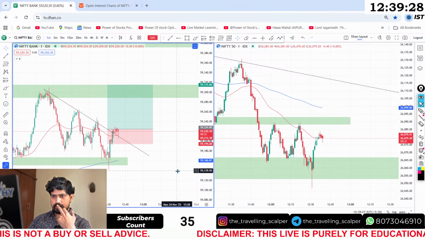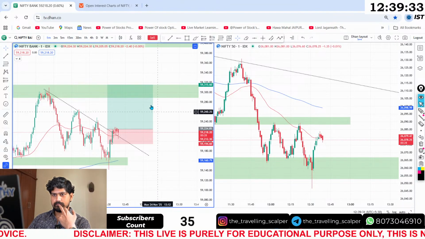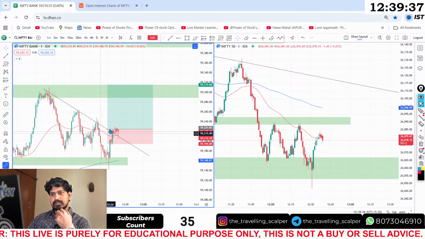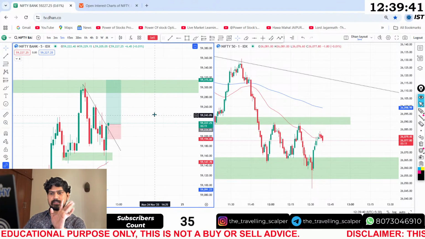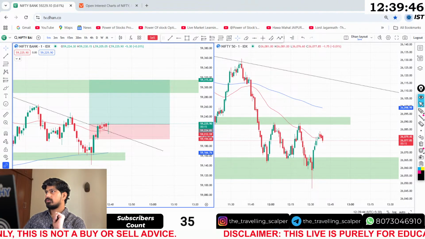Okay, it is trying to take stop loss, but still buyers are very strong from the bottom. 59,200 level has not crossed yet, it has to sustain. If it sustains, then easily market can give us a huge upside momentum. Okay, come on, market is slowly moving. Superb.